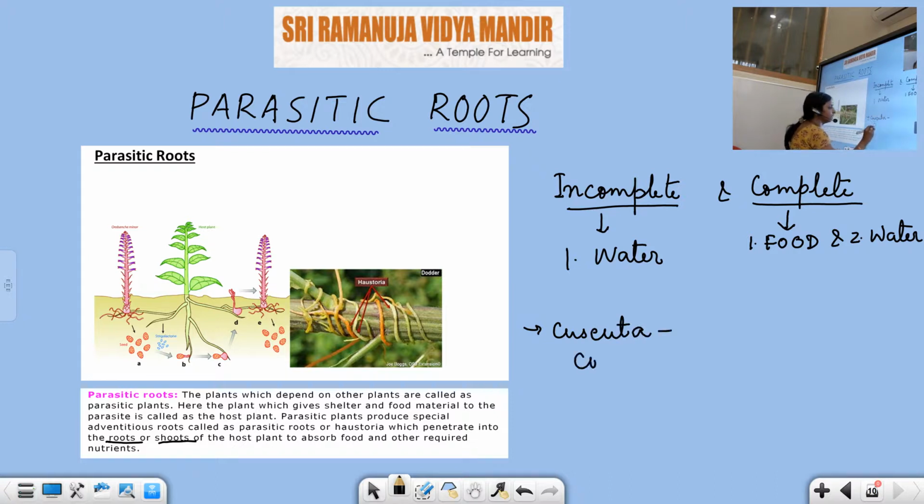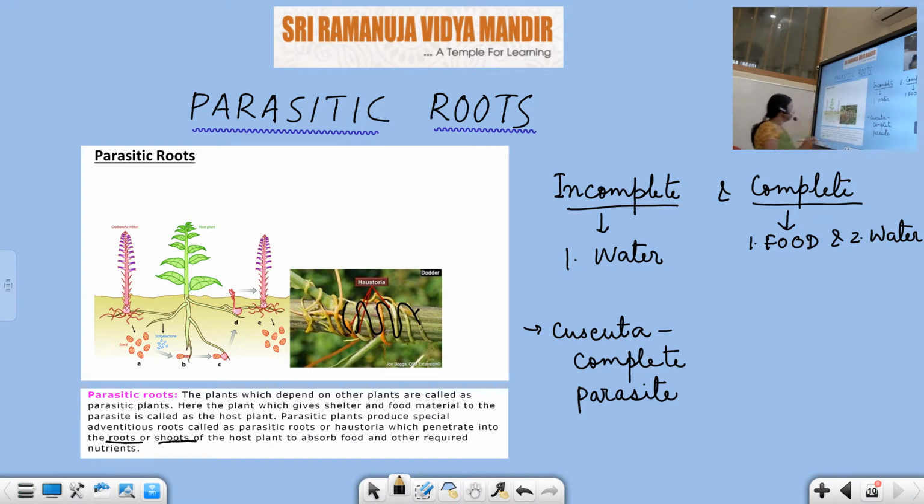Cuscuta is a complete parasite because here you can observe that Cuscuta does not have any leaf-like structure. It has completely covered the plant, and it gets water and food, being completely dependent upon the host plant.